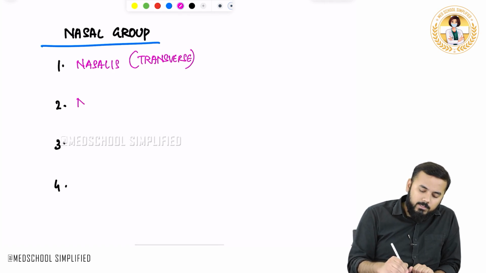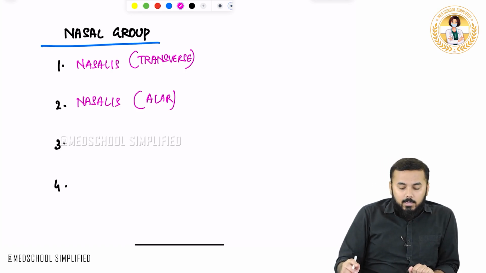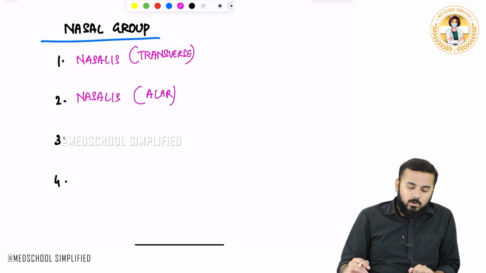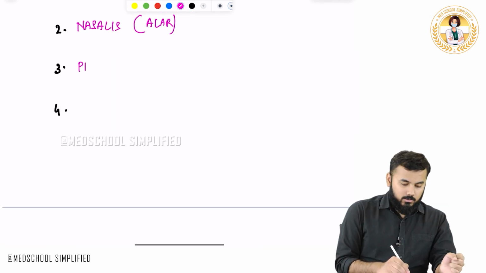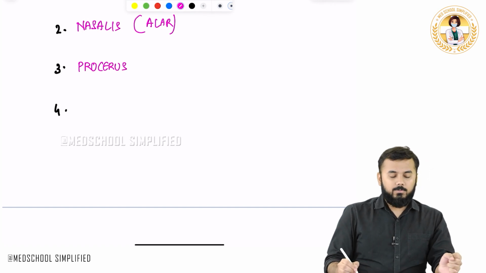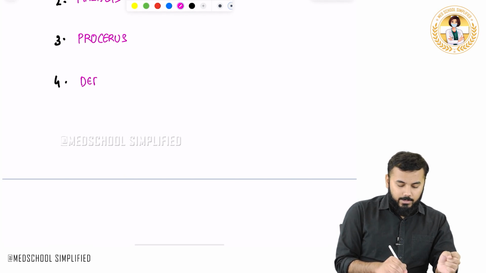The other one is also called nasalis, but this is not transverse, this is called the alar group of muscle. So alar nasalis, and another one is transverse nasalis. The third important muscle here is the procerus muscle. And the fourth muscle over here is your depressor septi nasi muscle.